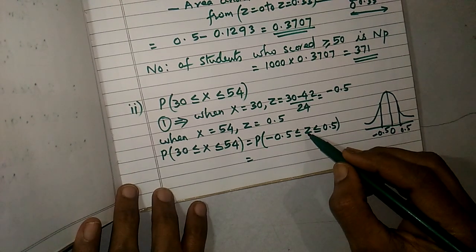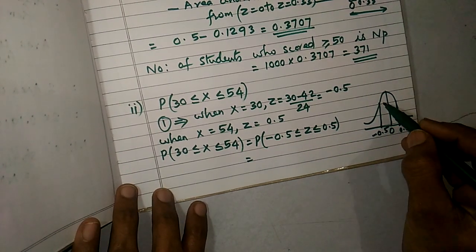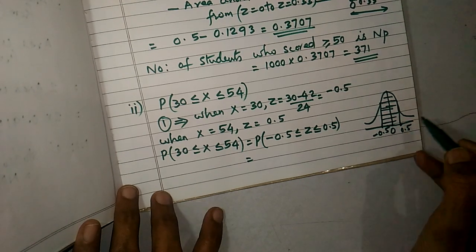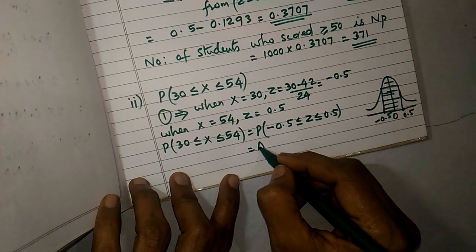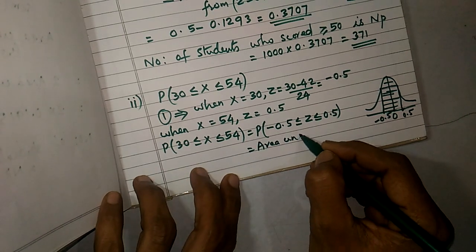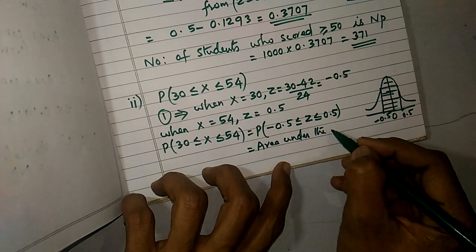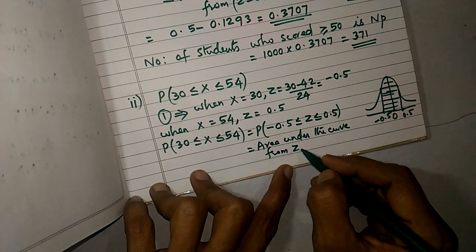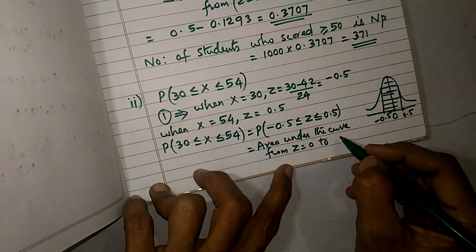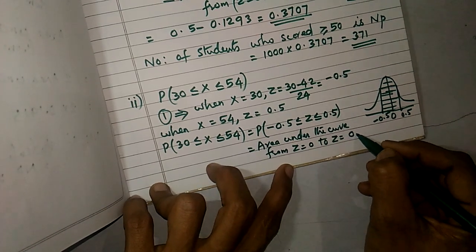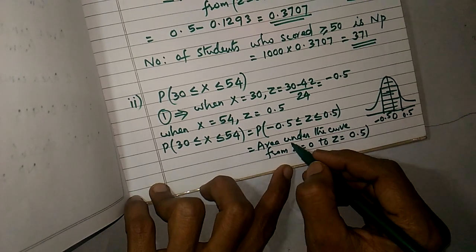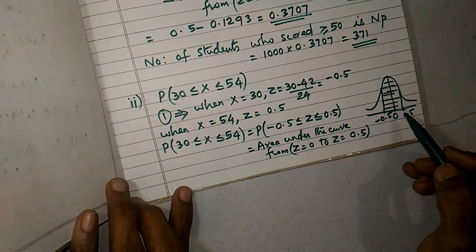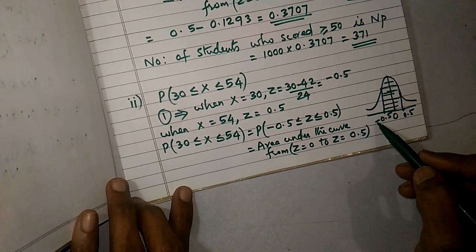So we need to get z lying between minus 0.5 and plus 0.5, meaning you need to get this area, which is equal to the area under the curve from z equal to 0 to z equal to 0.5 plus the area from 0 to minus 0.5.